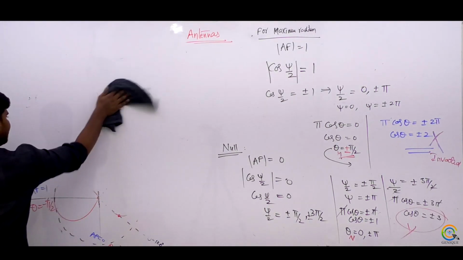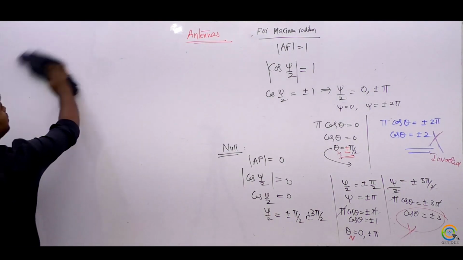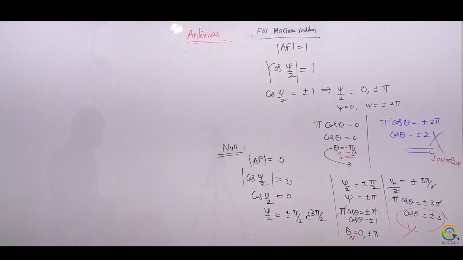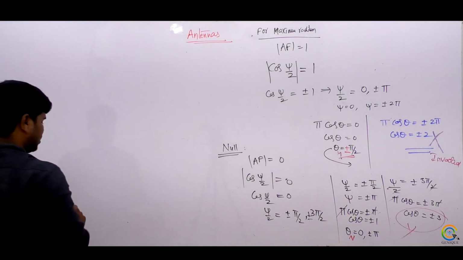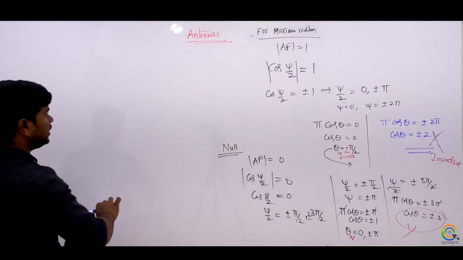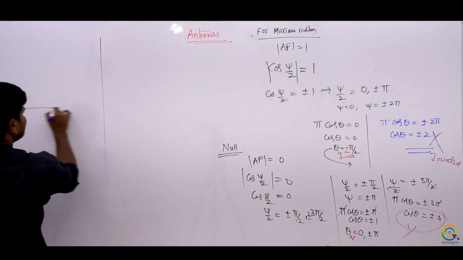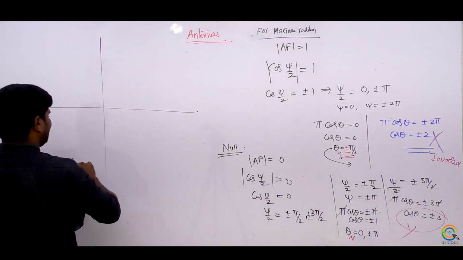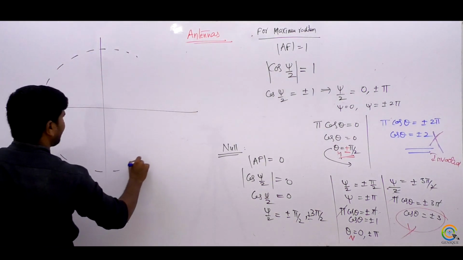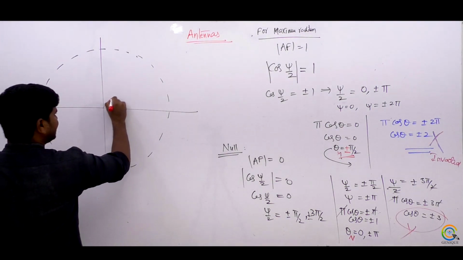Okay. So this is about the radiation pattern. Now if you observe this, if you take the array factor here, already we drew it, right? How was the array factor? This was the array factor. Let us suppose this is the unit circle. Here the array factor is like this.